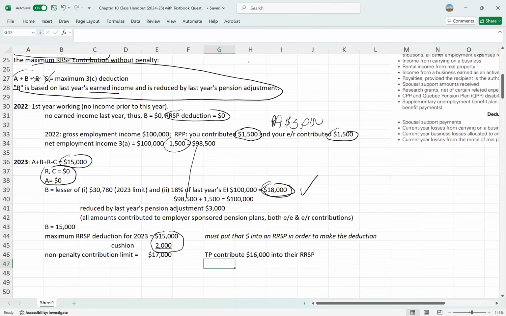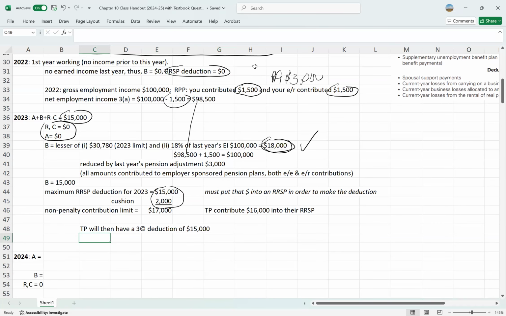So they decide to put in 16,000. So what that means is that the taxpayer will then have a 3C deduction of $15,000 because they actually put that money in, and they can actually use that 15,000 to reduce their net income for 2023.